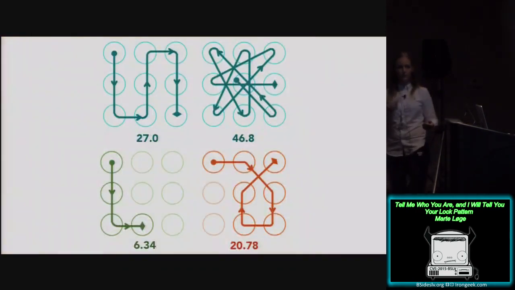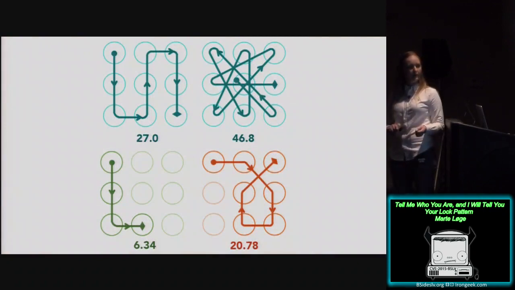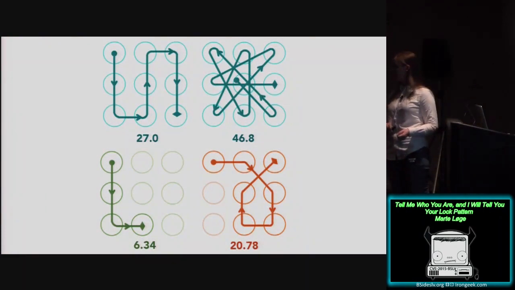So for explaining it, both of the blue patterns have the same number of lines. But as you can see, if you have watched over someone's shoulder when they created it, you can easily capture this one. But you would have to be very, very good to look over someone's shoulder and capture that one.